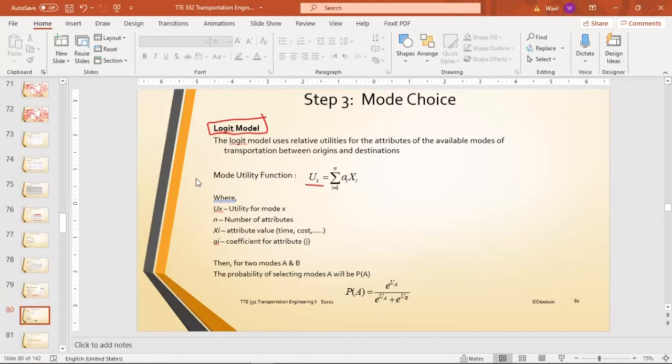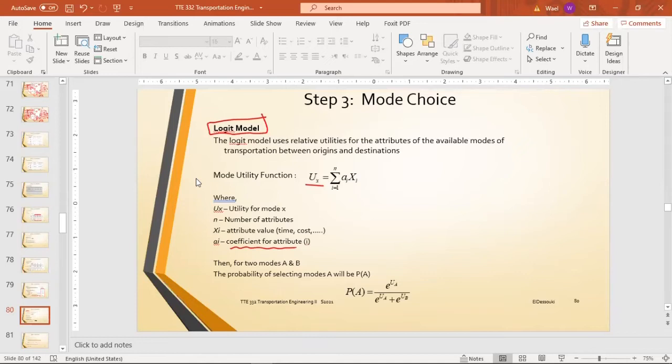So UX, that's a utility function, is the summation of AI multiplied by XI, where N is the number of attributes that you have for the modes, and XI is the attribute value, whether time, cost, safety, whatever. AI is the coefficient of the attribute. The coefficient represents how important this attribute is to the users, and the weight of how it affects their decisions.